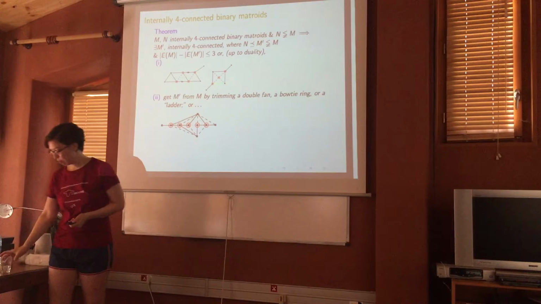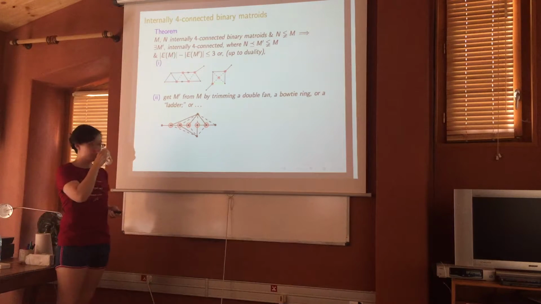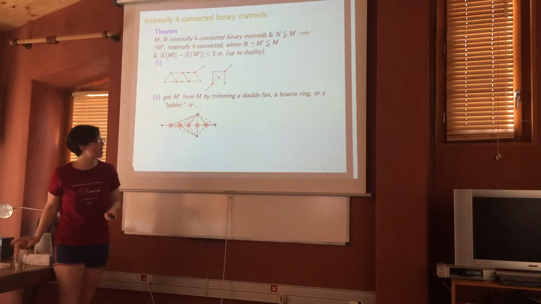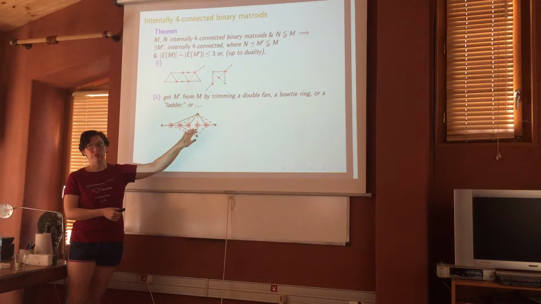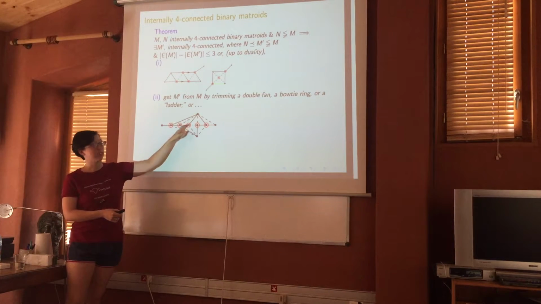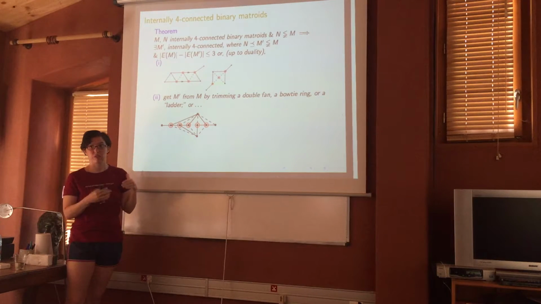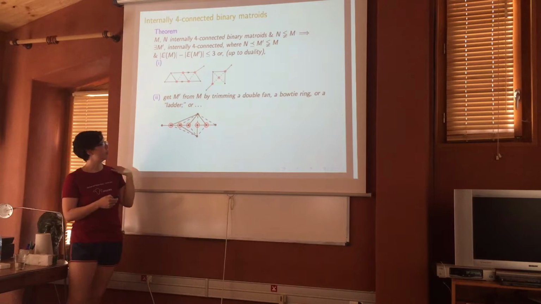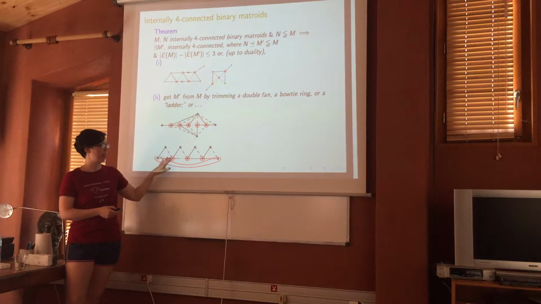Here's an unbounded move that you may have to do. Sitting inside your double wheel is a double fan, and you may have to do alternating deletions to get down to your minor. You may have a set of triangles.